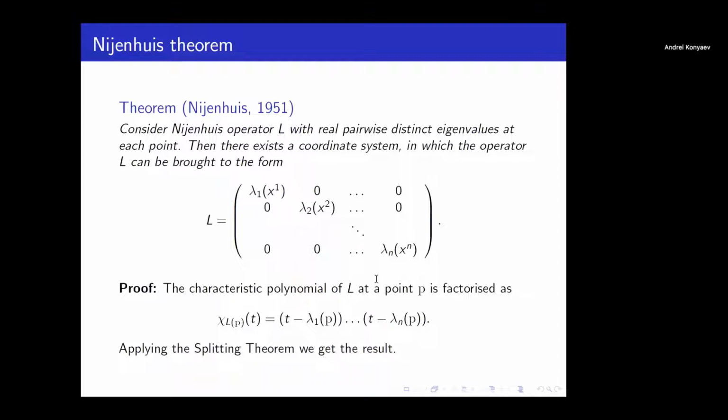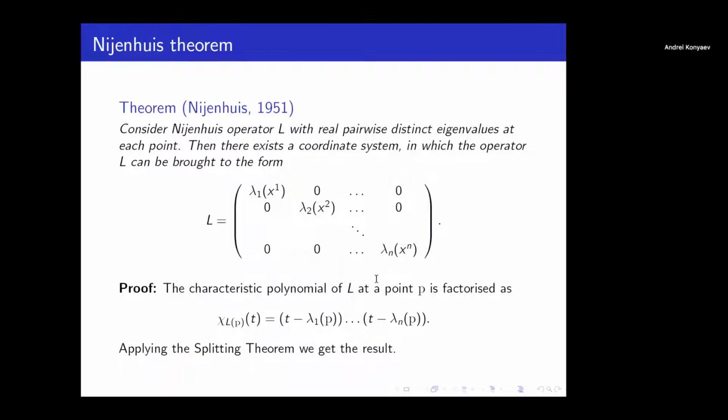The characteristic polynomial of L at a point P can be factorized. This is the proof. The proof uses the splitting theorem. I didn't put it into the facts because I think the splitting theorem is something you should all remember, because it's in our course. We will refer to this theorem quite a lot.